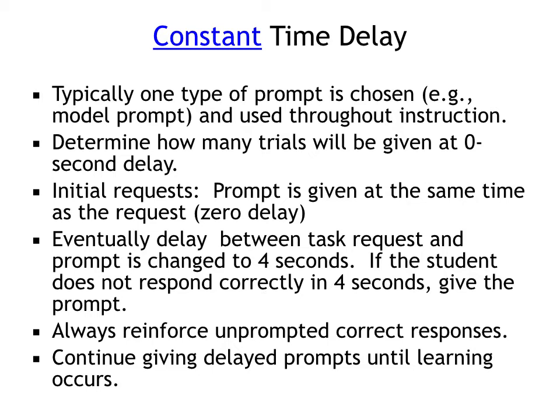After the 5 trials, you don't provide the controlling prompt at 0-second delay. Instead, you will provide your controlling prompt at 5 seconds or 4 seconds after your request is given. And then you will provide a 4-second time delay for 5 trials or 10 trials.